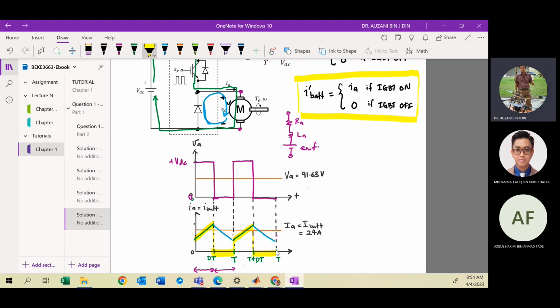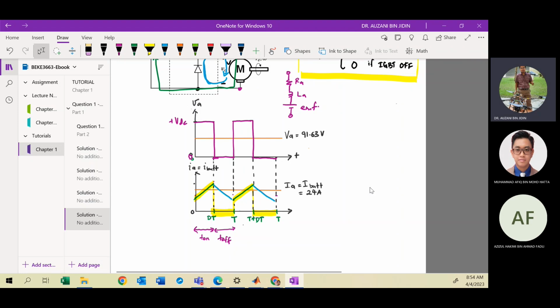But for method number 2, the power is consumed from the battery when the switch is on, but when the switch is off, no power is delivered to the load. So maybe we can save energy and also improve the efficiency by using method number 2.